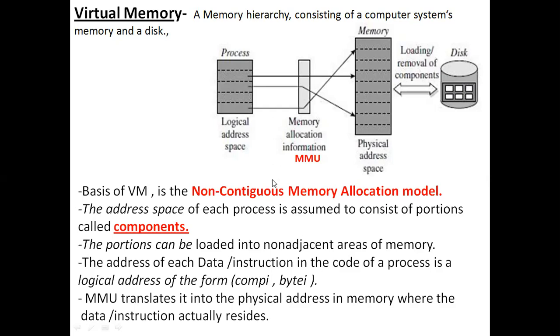This explains the concept of virtual memory. The basis of virtual memory is the non-contiguous memory allocation model, which is shown here, where we store the different parts of the process at different locations.